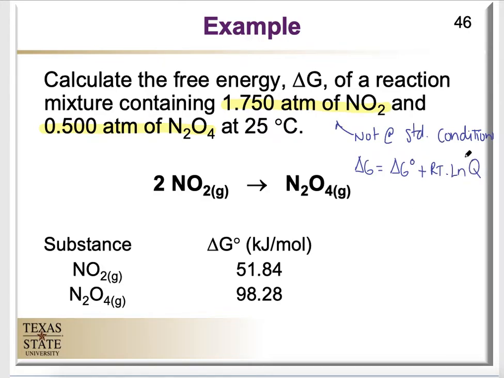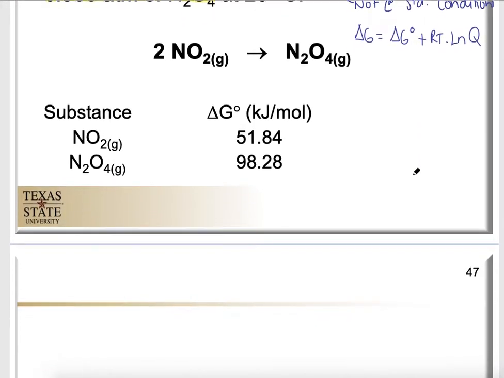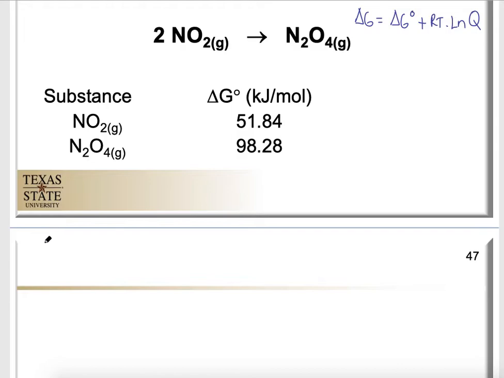We'll get to that in a second, but let's start by calculating the delta G at standard conditions, and I'm going to go ahead and do that down here. So my delta G at standard conditions is going to be equal to, I'm going to start with my products, okay? The product has a coefficient of 1. You don't necessarily have to type it, but I'm just doing it there so that you have your notes. Then I'm going to multiply it by the delta G naught for the N2O4, which is 98.28, and that's kilojoules per mole.